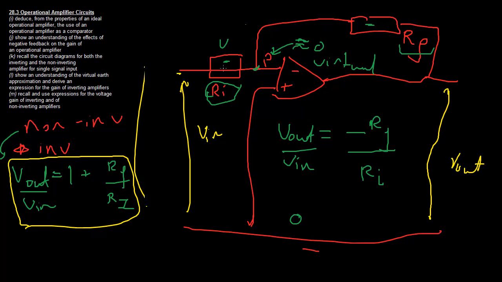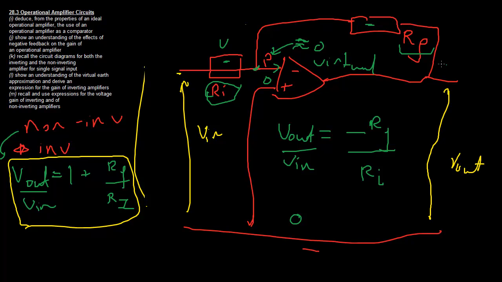And how do we know that? Well, we know that the current going into the op-amp input is effectively zero. So the impedance is infinite. Impedance is a word slightly different to resistance, but it means that basically no current goes into the inverting input.